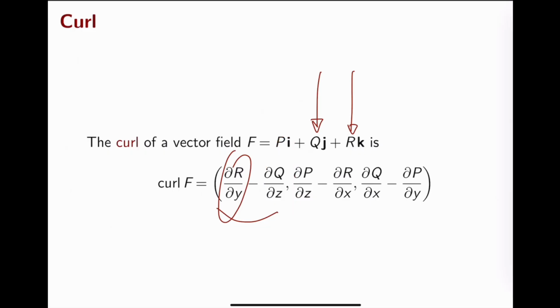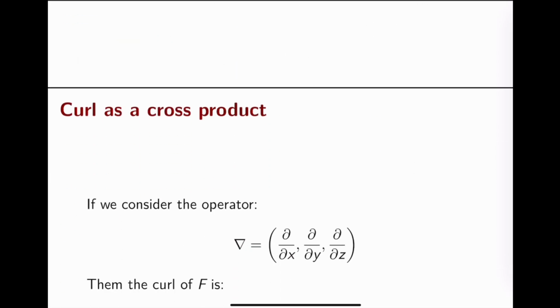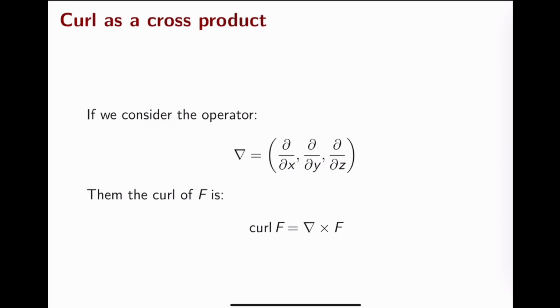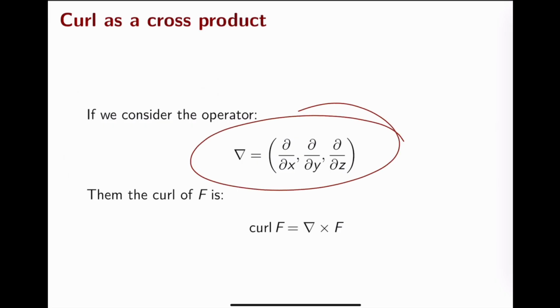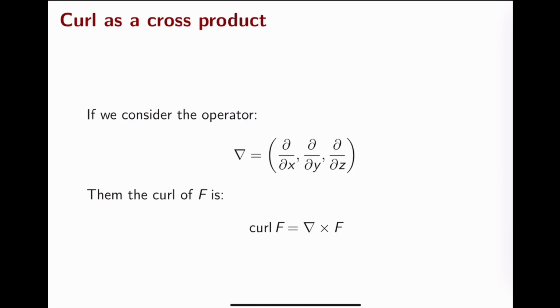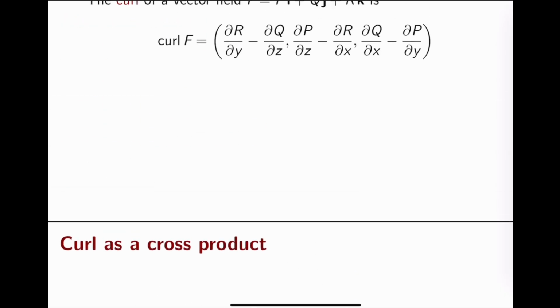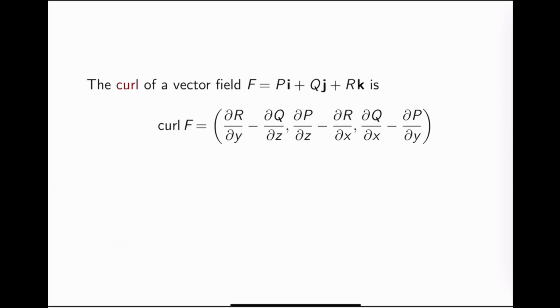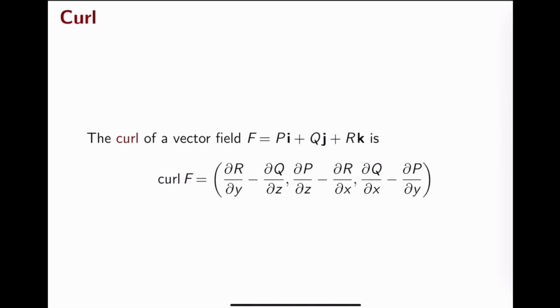In order to remember this formula here, we can consider the curl as a cross product. If we consider, as before, the operator given by just the symbols of the partial derivatives, if we now do the cross product with f, we are going to obtain exactly this formula that we described before.